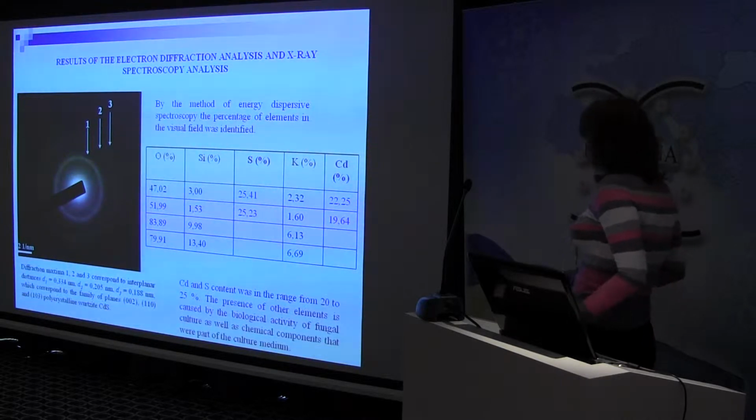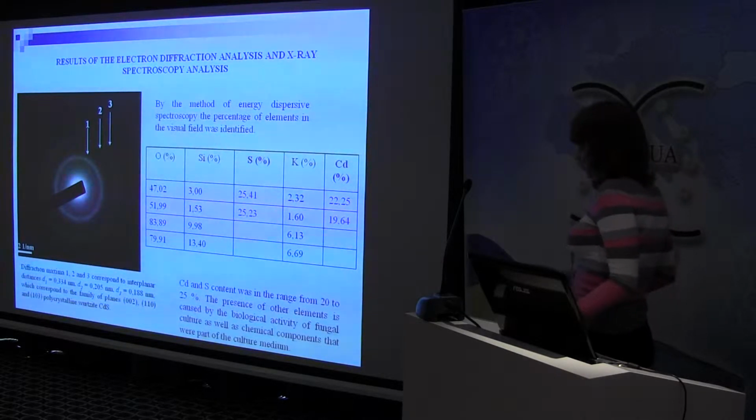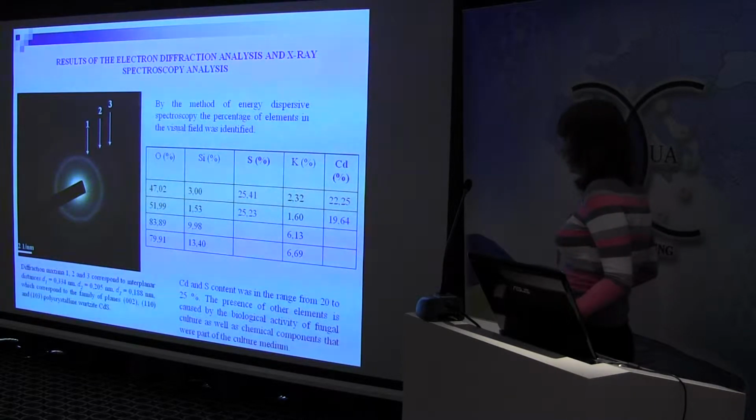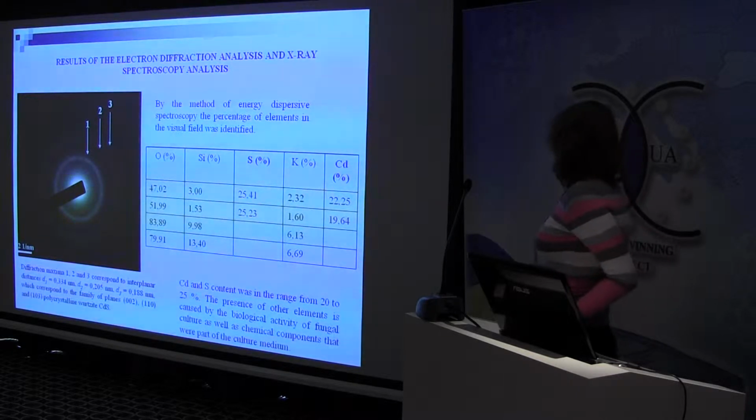And besides, by the method of energy dispersive spectroscopy, the percentage of the elements in the visual field was identified. As you can see here, the content of cadmium and sulfur was in the range from 20 to 25%.